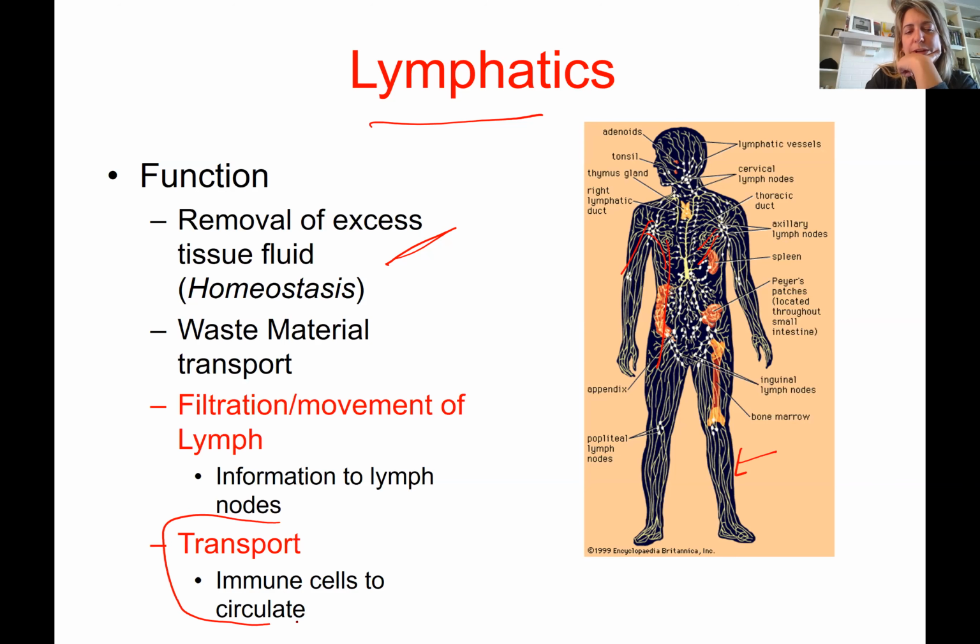Okay, so that's why here it says transport immune cells to circulate, and these immune cells go to the lymphatics and then straight to the lymph nodes to continue to duplicate and multiply even more. The adaptive immune system has memory, so those are going to be stored.